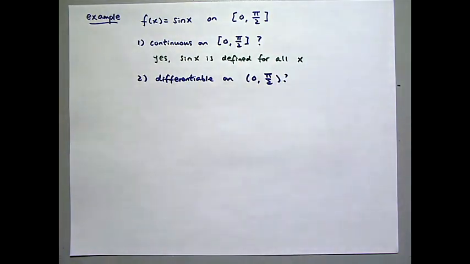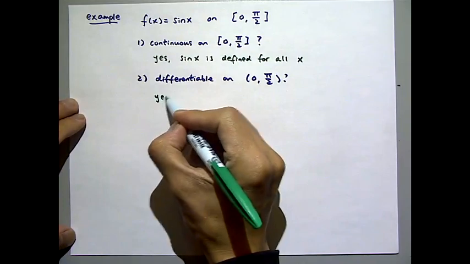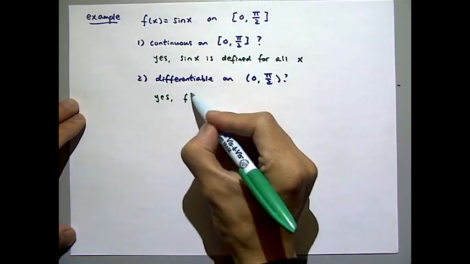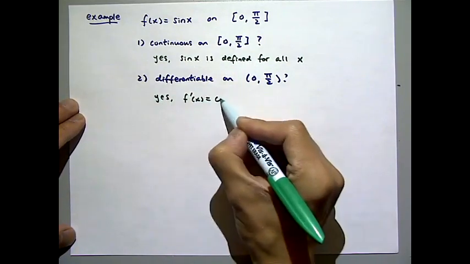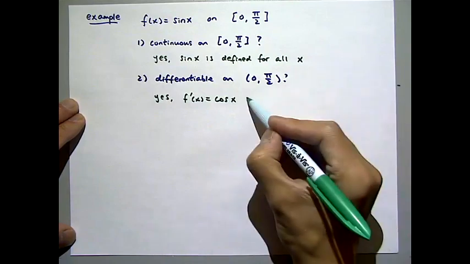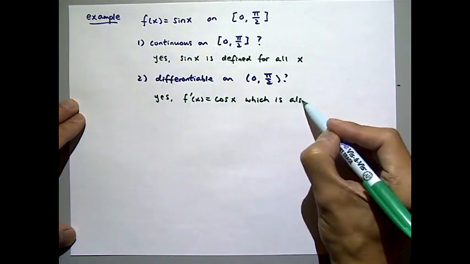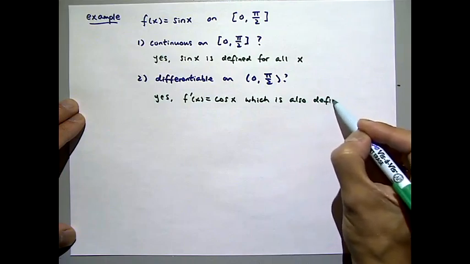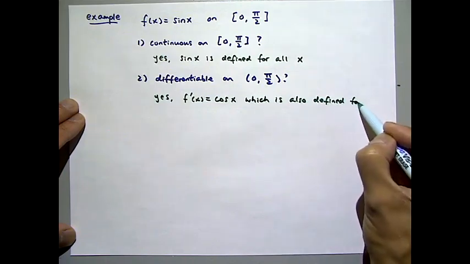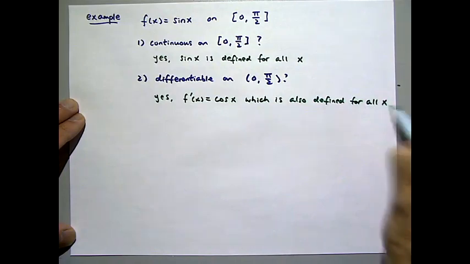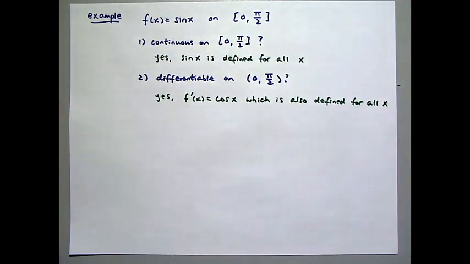Well, yes, you're right, because f prime is cosine, which is also defined for all values of x. So obviously including 0 and pi over 2.